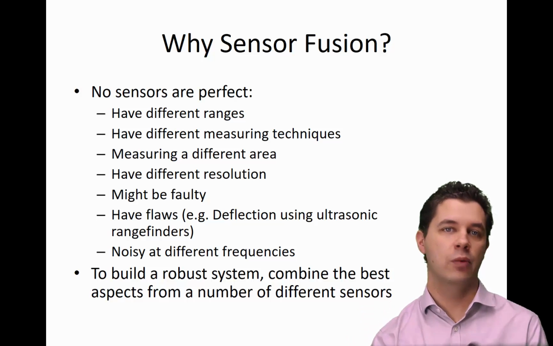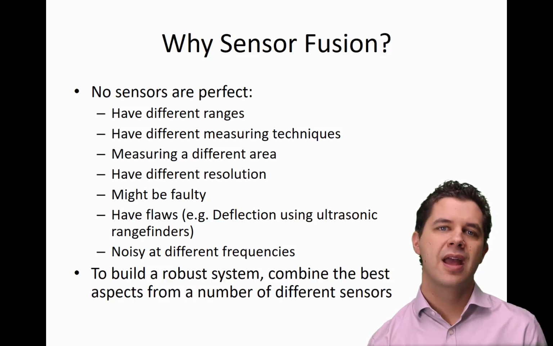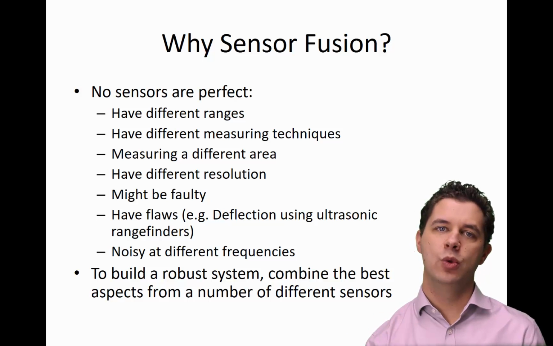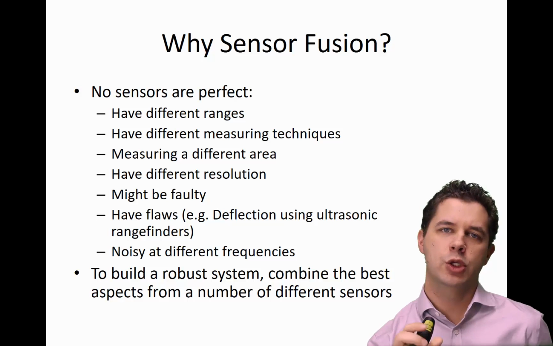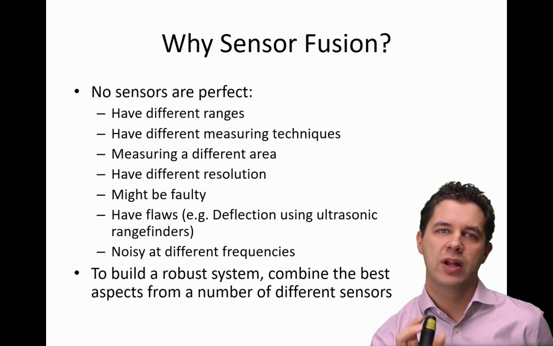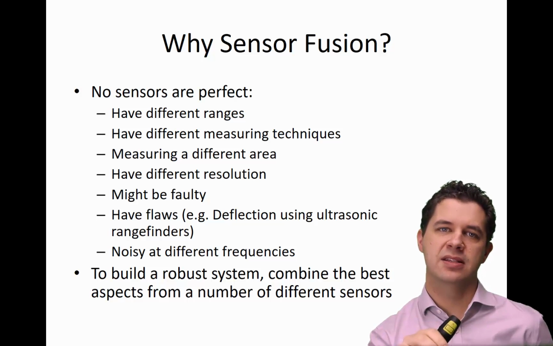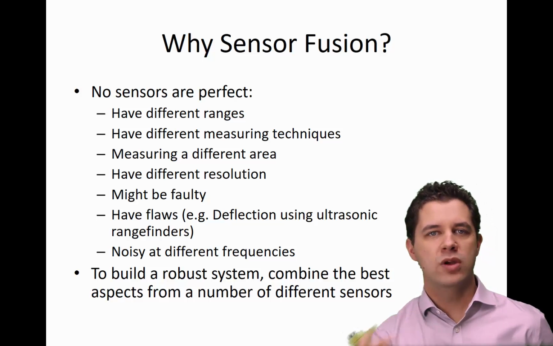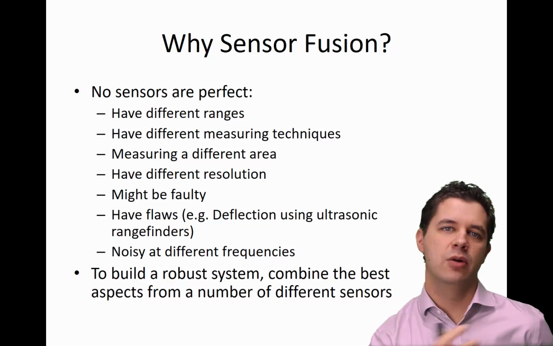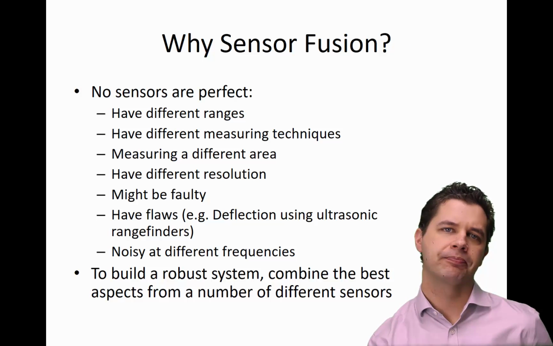If it doesn't reflect light, well, then we're finished. And some of these sensors will be noisy at certain frequencies and not noisy at other frequencies. So when we're trying to design a robust system, we're trying to combine the best aspects from sensors and try and shield against the worst aspects from these sensors and try and rule those sorts of ones out.